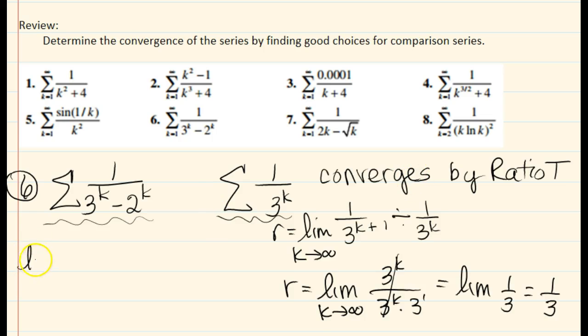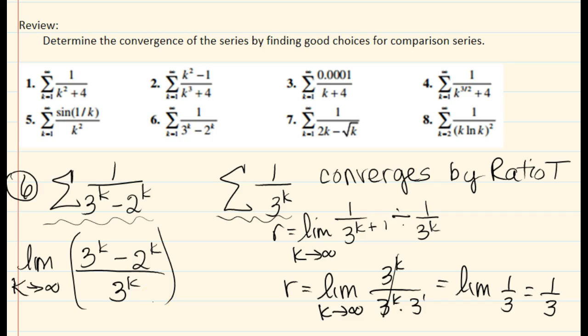So if we want to do a limit as k goes to infinity, and again I'm going to do the division of these two, and I'm going to pick (3 to the k minus 2 to the k) over 3 to the k. And the reason why I'm doing that is because that looks more familiar to one of those limits I've asked you to memorize.